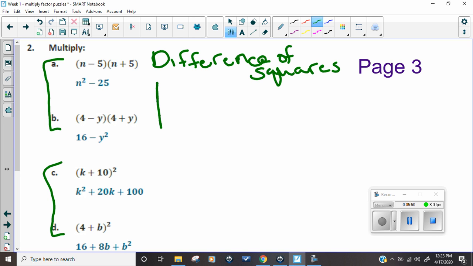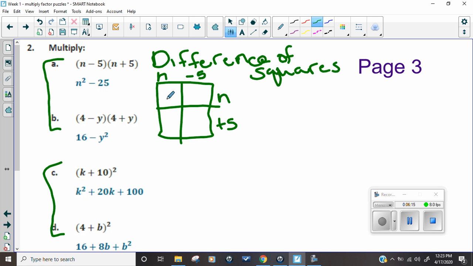Now, if you don't recognize that it's difference of squares, you could always do a 2 by 2 box. And I'll show you why you end up with only 2 terms. Usually when you multiply 2 by 2, you get a quadratic, which is sometimes 3 terms. But you end up with 2 terms because I have n negative 5 here and n plus 5 here.